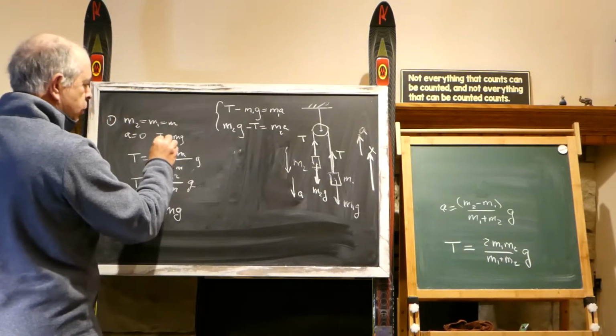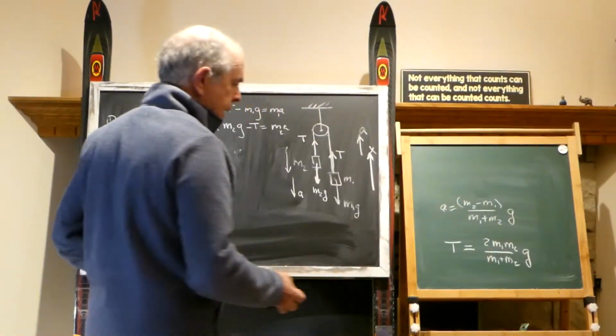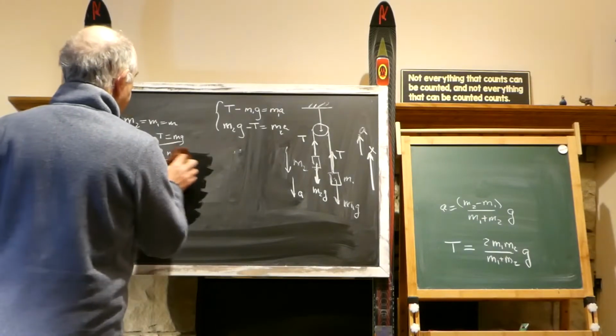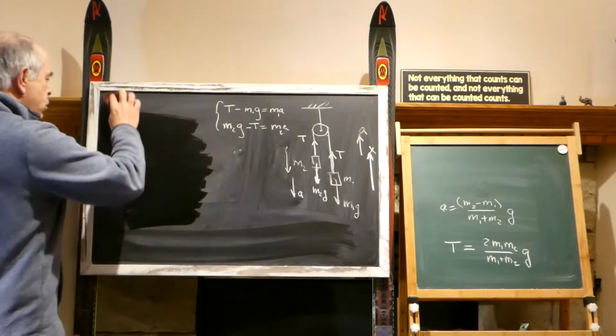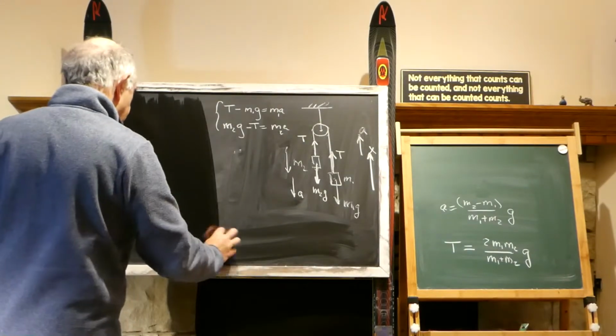So we received what we wanted to receive, and this is good. That means in the case of equal masses, everything is balanced out, and T is equal to mg, and everything is fine.